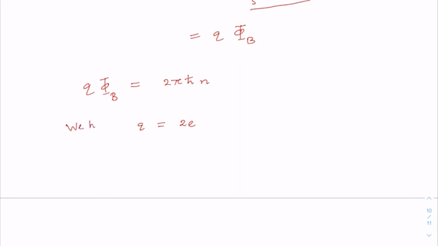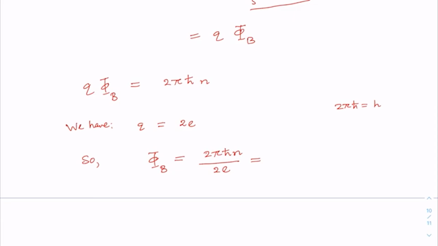So therefore, we can write magnetic flux phi b is equal to 2 pi h cross n divided by twice e, and 2 pi h cross is nothing but h, the Planck's constant. H cross is the reduced Planck constant.